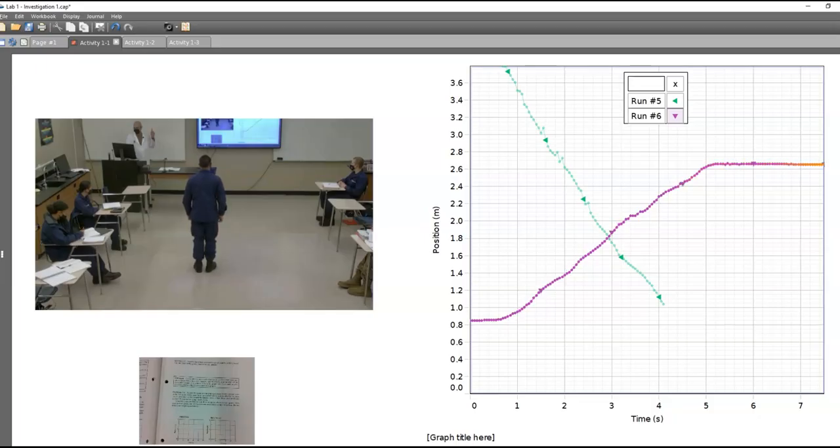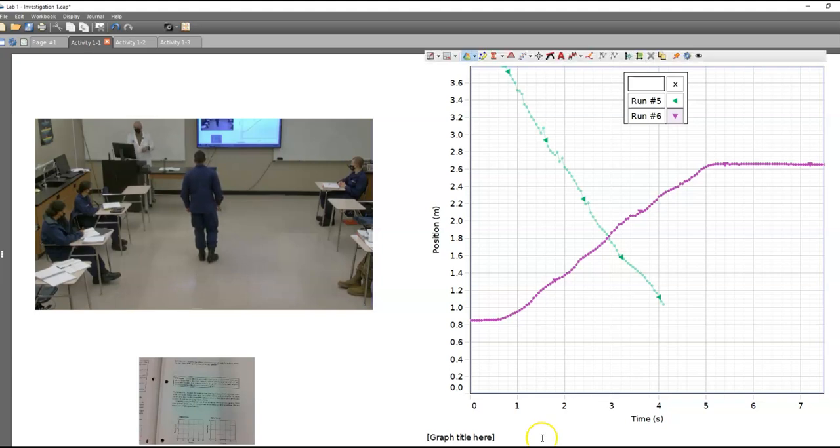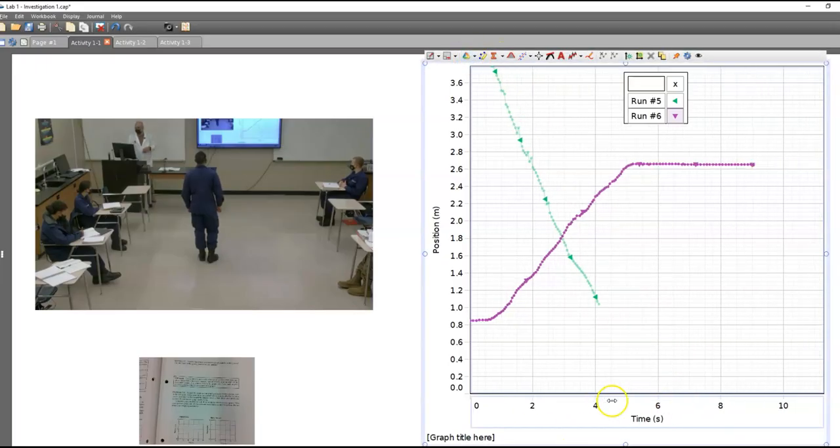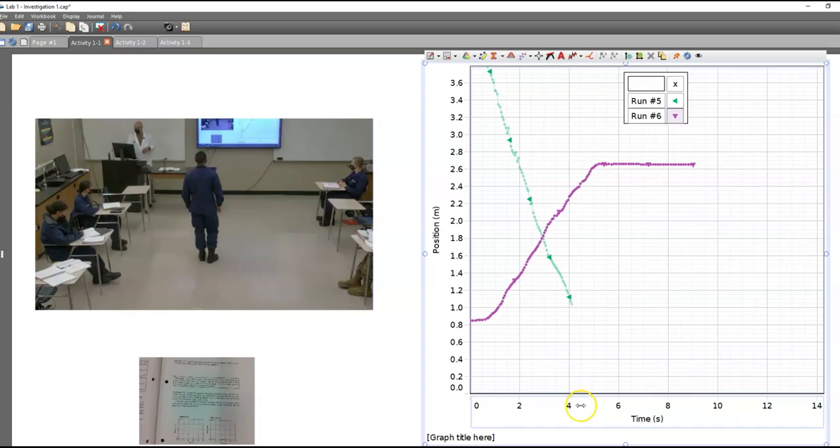Okay, we're going to stop here because now we got a technical error. Not a problem, it's just that the time scale didn't change, right? So that's easy enough. First of all, I'll turn that off, and then I'll change the time scale. Now it makes a little bit more sense, doesn't it? So go back to the starting position, and we're going to try it again.